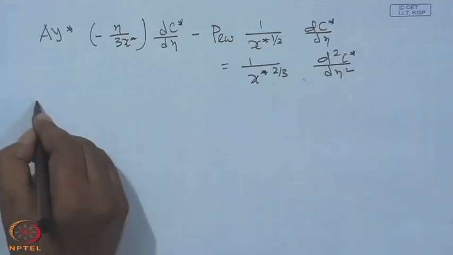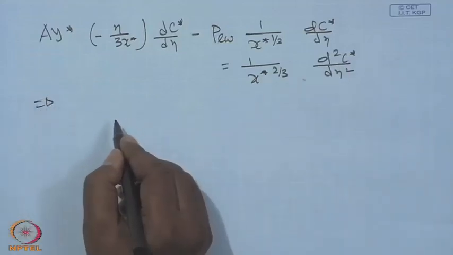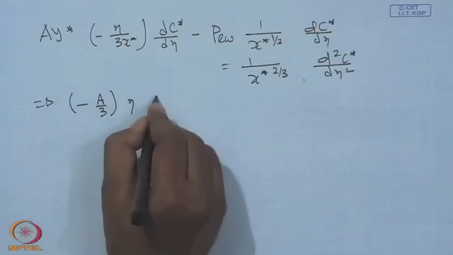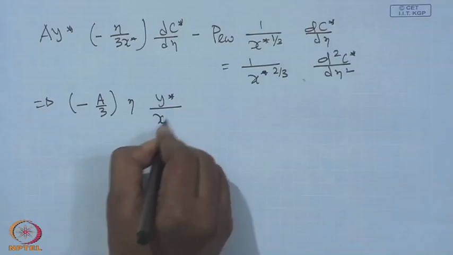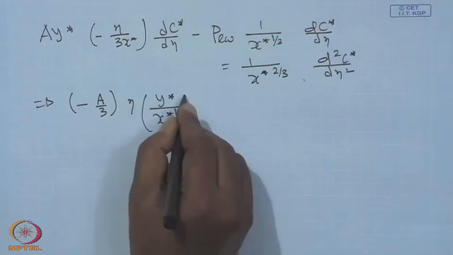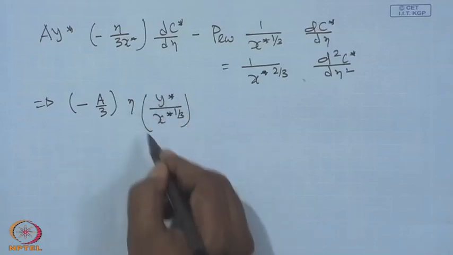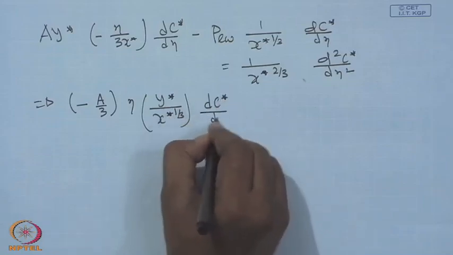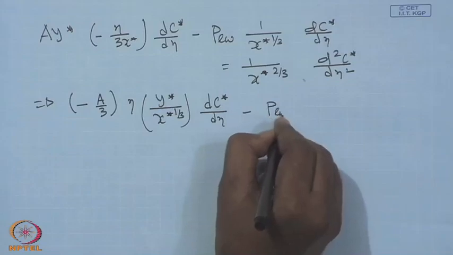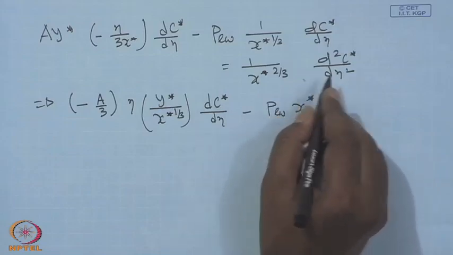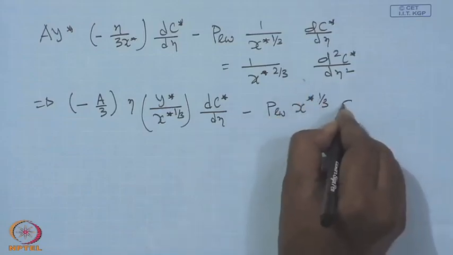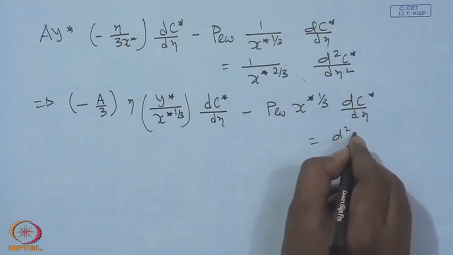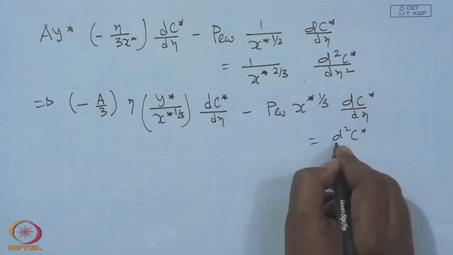So, you multiply both sides by x star to the power 2 by 3. So, this becomes minus a by 3, eta, y star divided by x star to the power 1 upon 3. If you remember, the term in the bracket becomes eta. So, d c star d eta minus Pe w x star to the power 1 upon 3, d c star d eta is equal to d square c star d eta square.